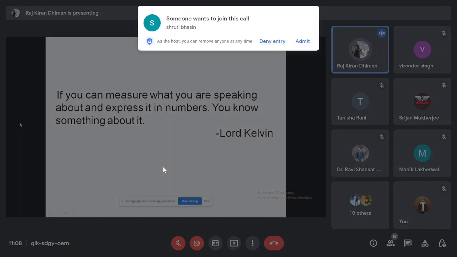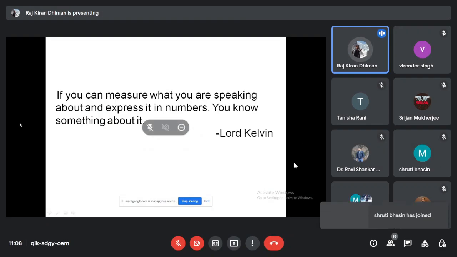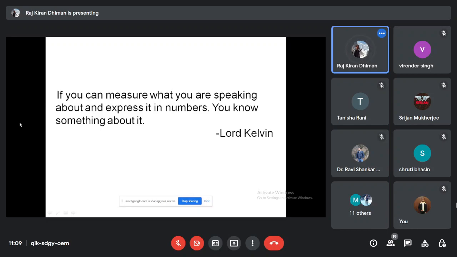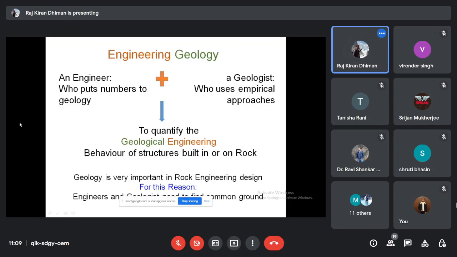I always start my session, whether presenting rock mass rating or now slope mass rating, with this quotation, because it is very important to understand that if you have some knowledge and want to express or classify it into numbers, you should know clearly about that particular topic. So this is the base quotation for today's presentation.